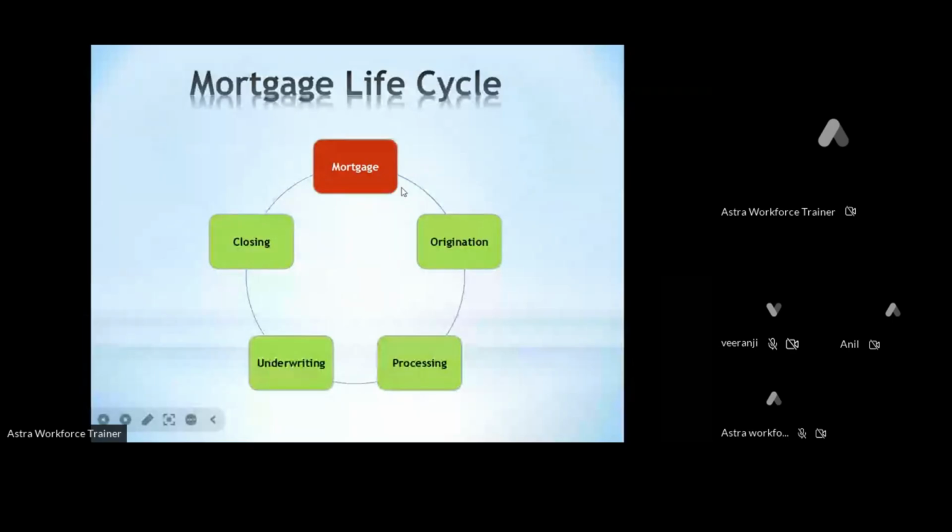So I'm going to talk again about the mortgage life cycle and types of mortgage. The mortgage life cycle is all the stages involved in the mortgage. Once all the processes are completed, the borrower will get the loan amount from the lender. The first process is origination. Origination is when the borrower approaches the lender to get the loan amount.